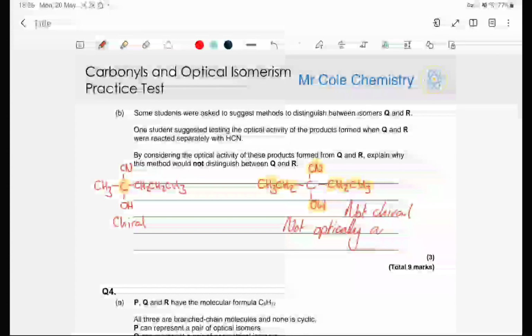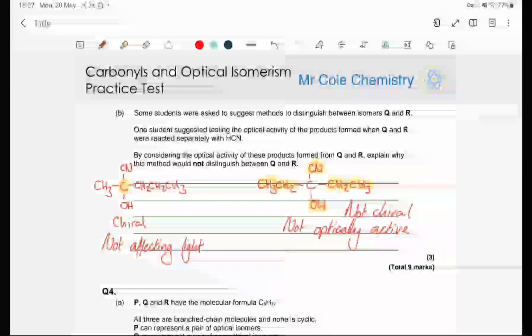And if we can't tell them apart, then we must know that the product of Q is also not affecting the light. Okay, I'm trying to avoid saying not optically active, because although that's true, you need to have a little bit of explanation around it to explain why that's the case. So, the one on the left then, our product from Q, it is chiral, but it's not affecting the light, which must tell us that it's a racemic mixture.